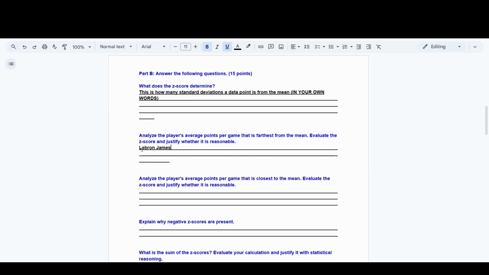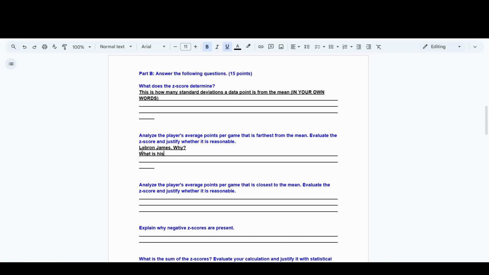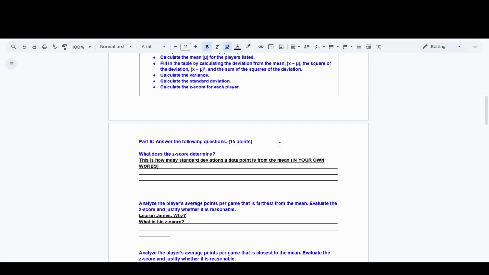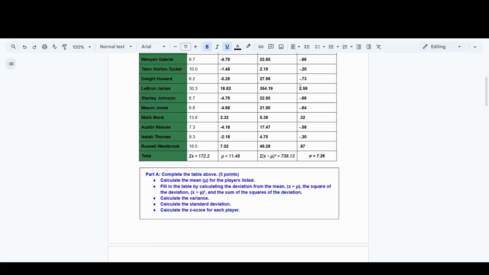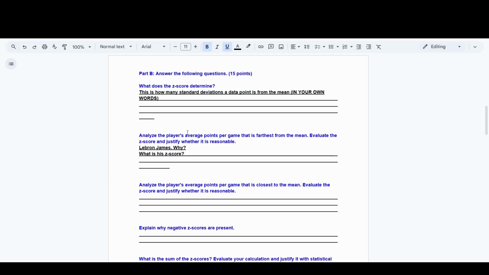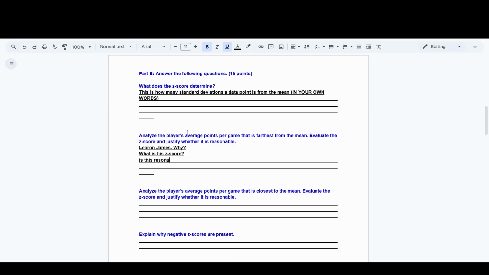And tell me why. What is his z-score? So up here it was 2.59. Is this reasonable?